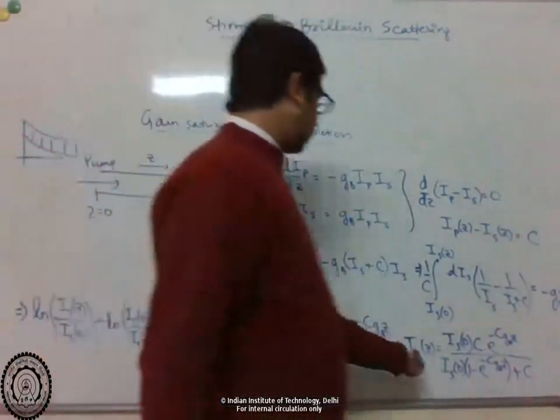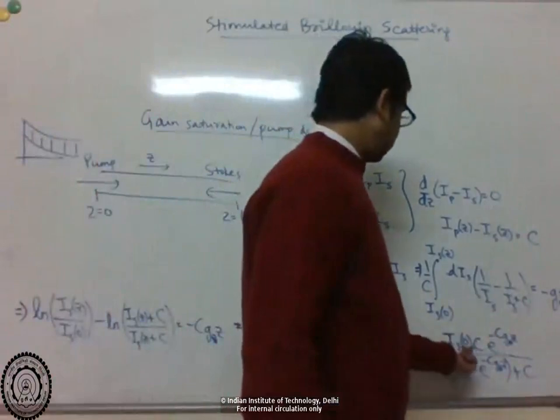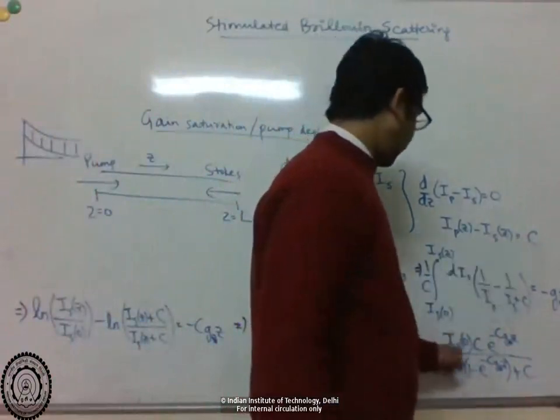So we've solved for IS at Z in terms of this parameter C and IS of 0.